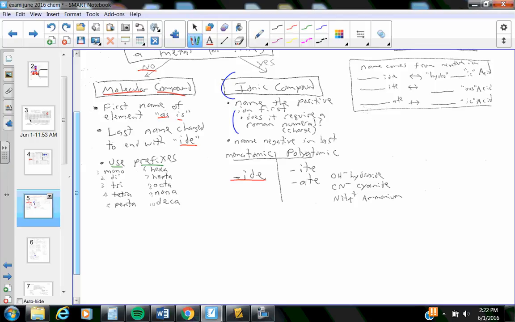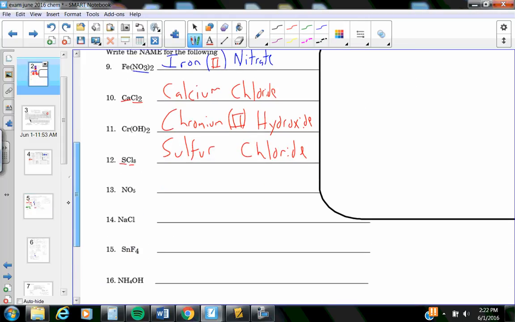Use prefixes. Mono, but we don't need that if there's only one of the first one. And 8 is octa, so I'm looking for the 8: sulfur octachloride. You might be tempted to put a monosulfur, and it technically tells people what you mean, but the mono is not needed if it's the first one.